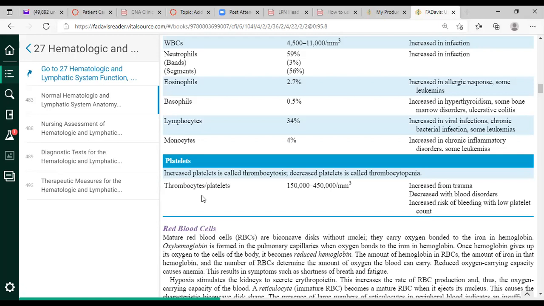If you have an extreme amount of platelets, you are at risk for blood clots. And we know those blood clots can travel through the body, and depending on where they travel and the size of the clots, it can cut off circulation.